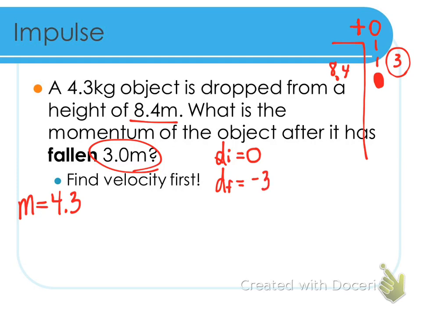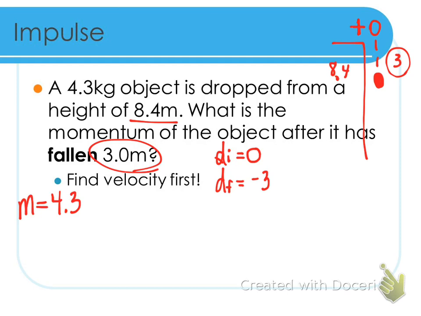That's how I would set that problem up, because I'm going to always want my initial displacement to be 0. My final displacement ends up 3 meters below where it started. Okay, does that part make sense? If you wanted to do 8.4 and 5.4, it would work out mathematically exactly the same.